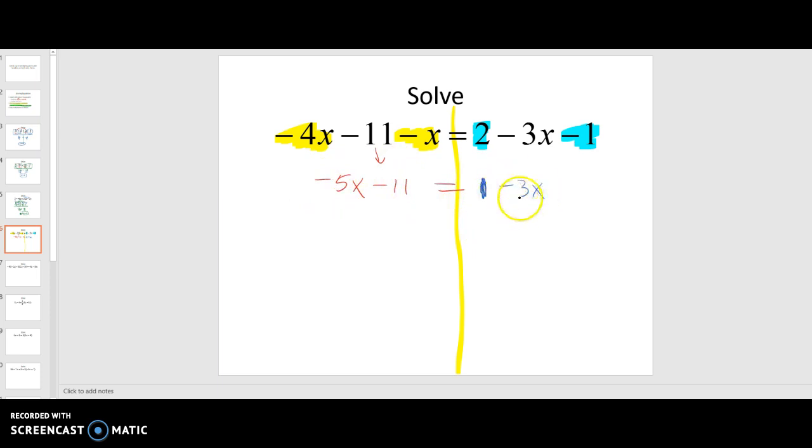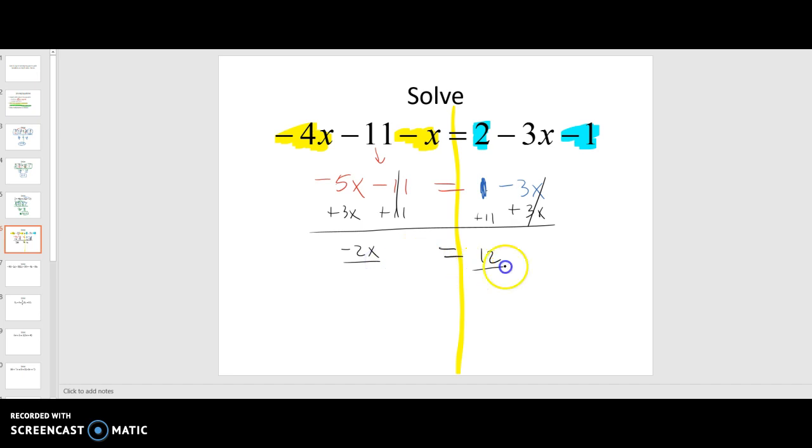To bring the negative 3x over, I'm going to add it, line it up under the negative 5x. To bring the 11 over, I'm going to add it, line it up under the 1, because those are all like terms. Negative 5x plus 3x is negative 2x. Bye-bye. 1 plus 11 is 12, and bye-bye.